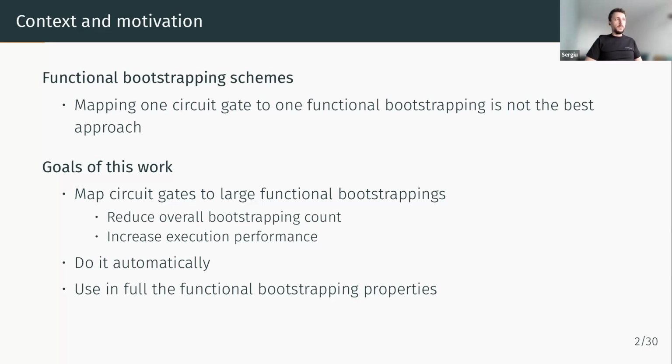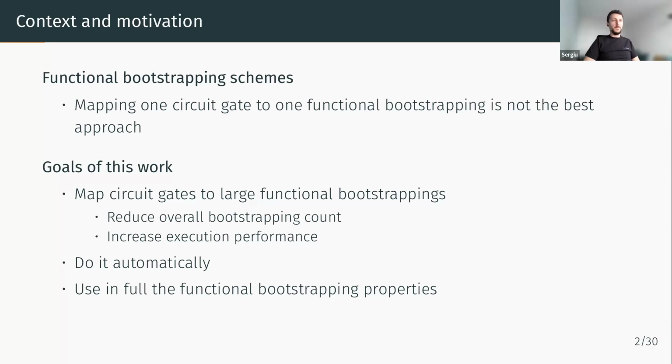So this will be the goal of this work: to map the gates of a Boolean circuit to large functional bootstrapping. This will reduce the number of bootstrappings used in executing this circuit, and as a side effect, a good side effect, it will increase the execution performance.